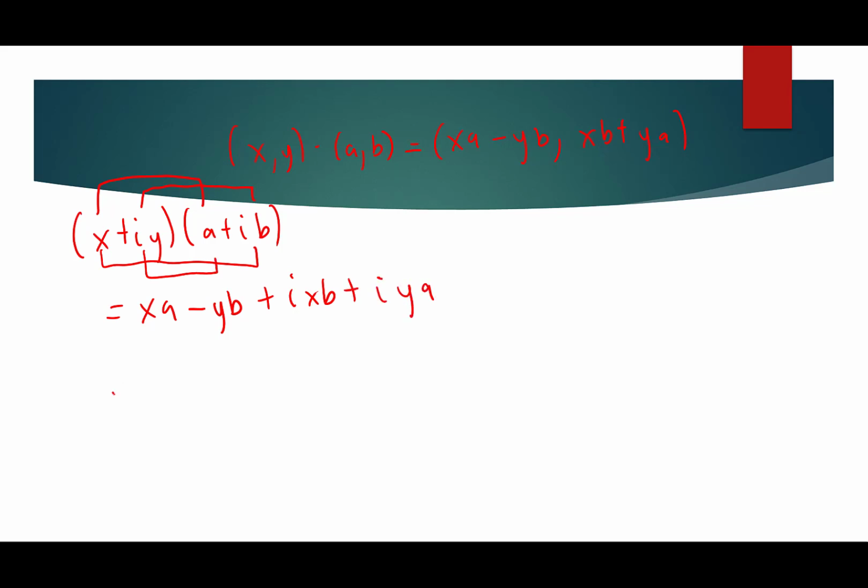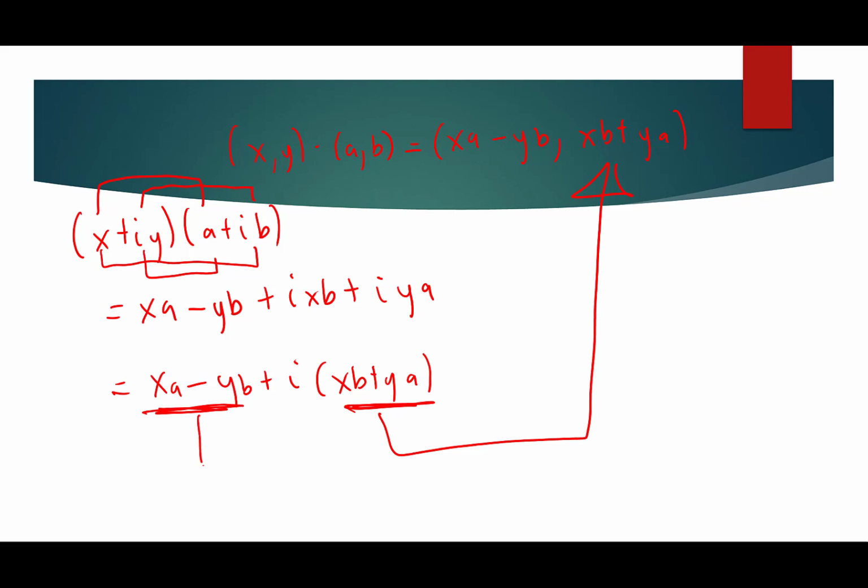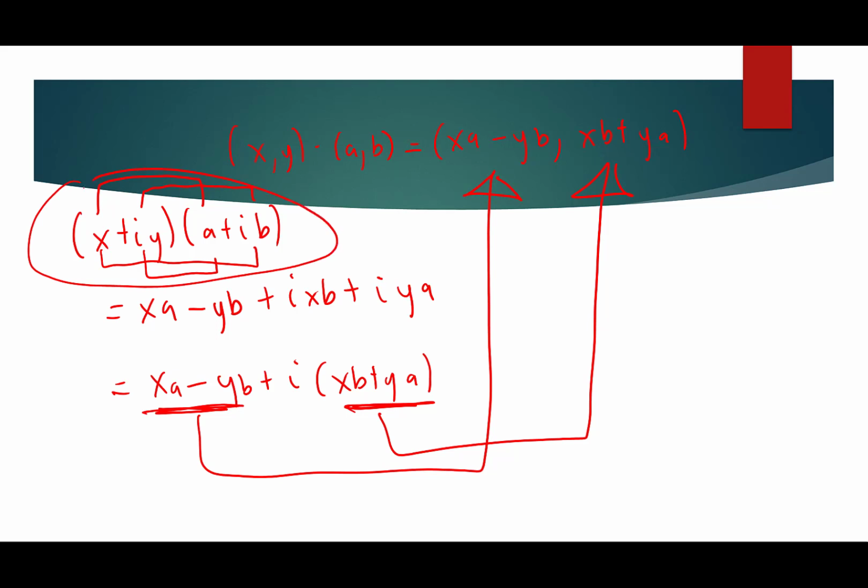And if I factor out i, what do we get? We get xb plus ya. So does this look familiar to you? So this is why we have that strange multiplication, which I think is really evident when we think about multiplying complex numbers in this representation here.